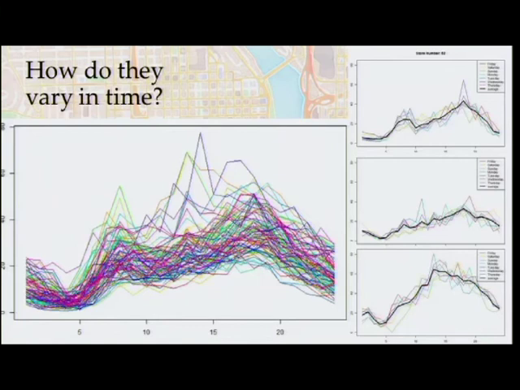Through a series of cluster analyses and fancy statistical techniques, I found that there were really 5 different patterns for these convenience markets, and they fall into 2 categories. The first is your traditional peak hour, where you see a lump in the AM and a lump in the PM. But even within that category, there are actually 3 different levels, where some are much higher and much steeper than others.